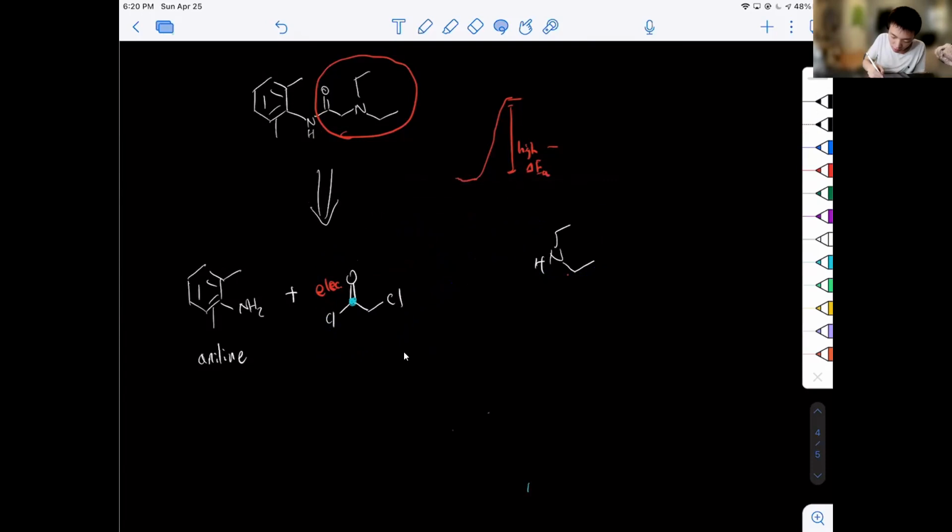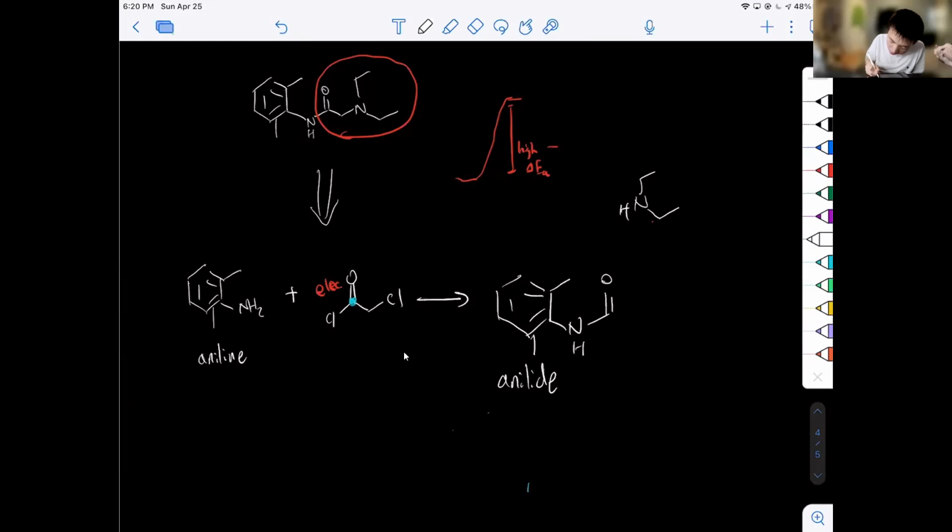But at the end, it will produce our analyte, and HCl gas because we kicked this chloride out.